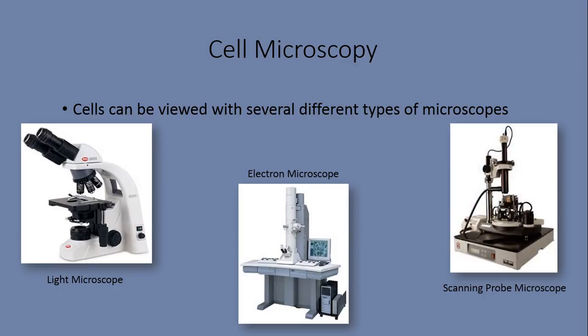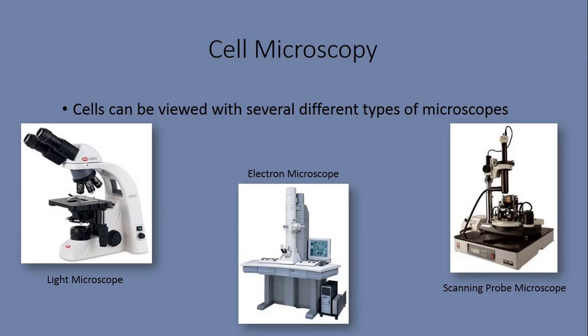Some of these include the light microscope, the electron microscope, and the scan and probe microscope. We will focus more on the light microscope because it is one that is known by more people. It is used more often. Here I have examples of the electron microscope and the scan and probe microscope, but these are here more to show that there are several different types of microscopes.